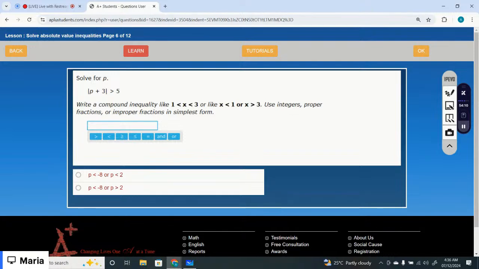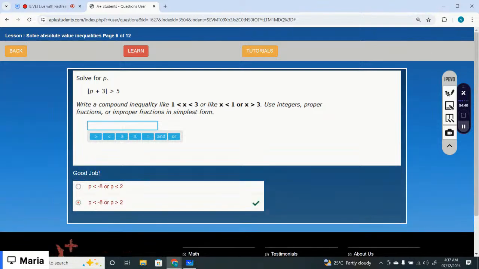So the correct option is option number 2, right? That is P is less than negative 8 or P is greater than 2 is the correct option.